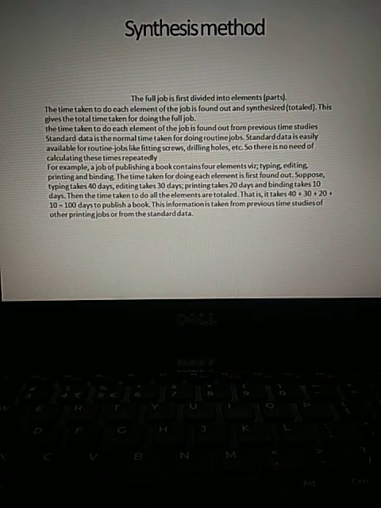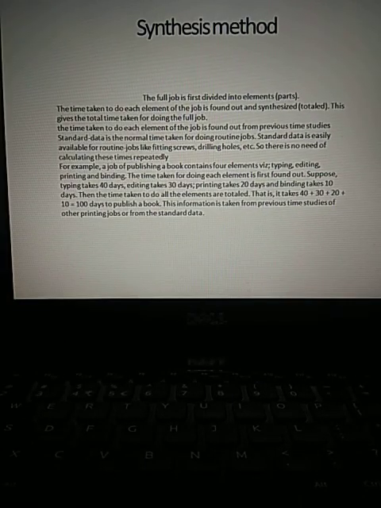The next one is the synthesis method. Synthesis means mixing up. Here the entire job will be divided into different parts: Part 1, Part 2, Part 3. For every part, a duration calculation would be there. The best example is book publishing.